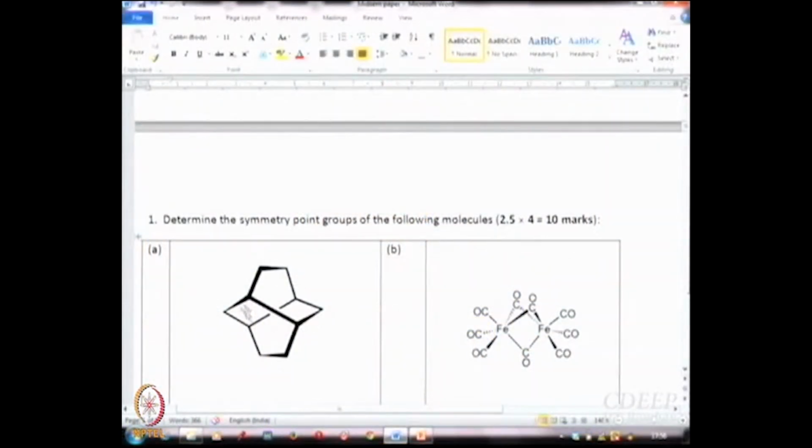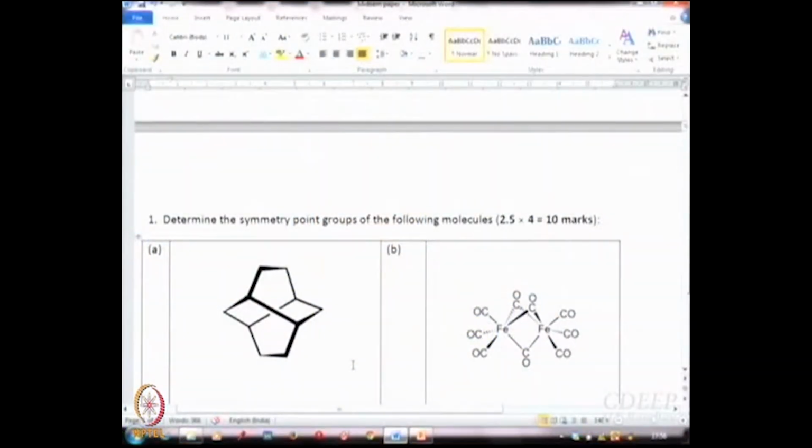No. This one and this one. Will that work? What are we joining? There is no atom here. This is a midpoint. That's what I am asking. You should join the atoms. If you join the atoms, is that a C2 axis?